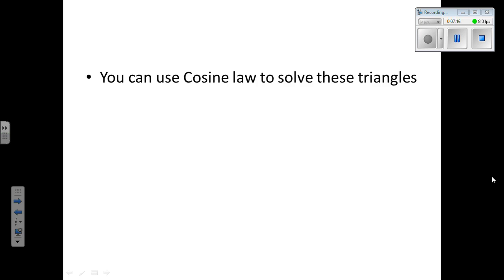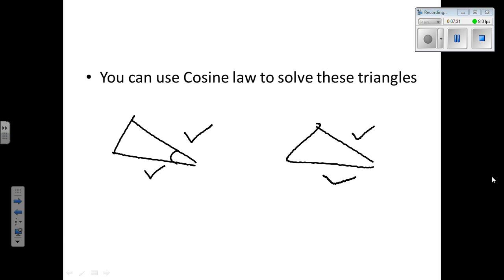You can also use cosine law to solve these triangles. You want to use cosine law when you have two sides and a contained angle, that means the angle that's squished in between the two sides, or when you have all the sides of a triangle.